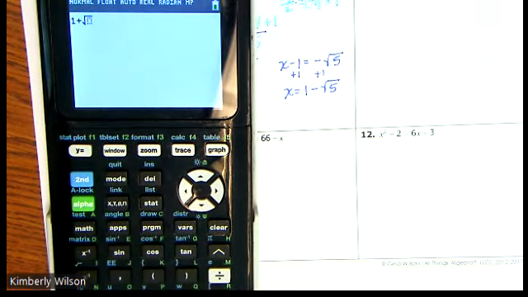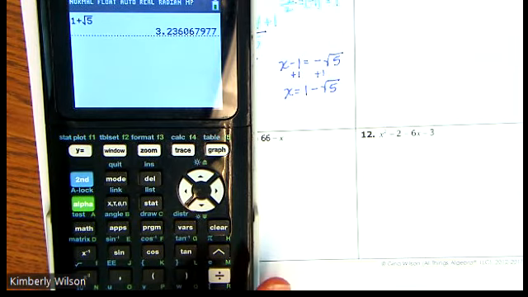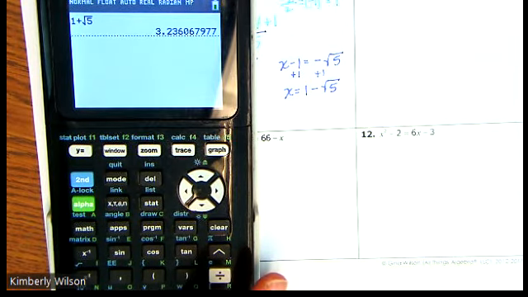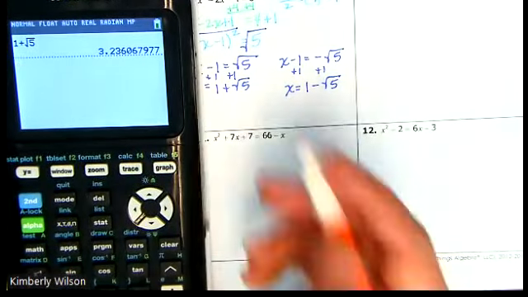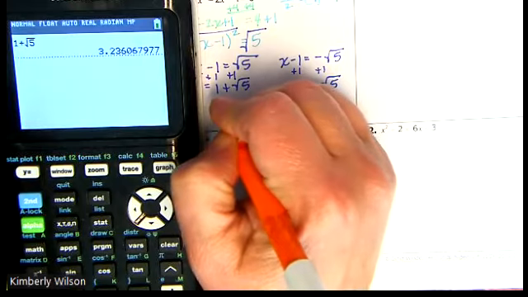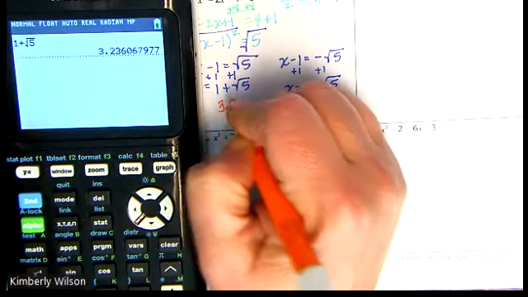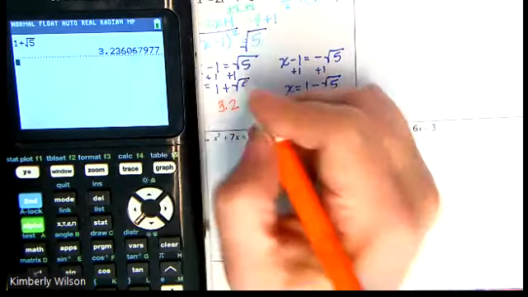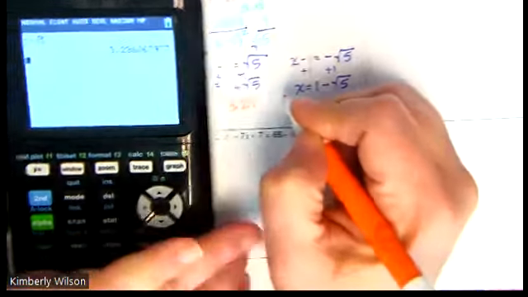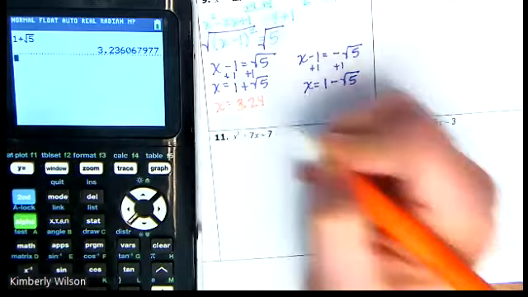A 5. Enter. Notice it's got this weird long decimal. So we're rounding to the hundredths. So therefore this is 3.24. I look at the 6 to round the 3 correctly. That's what x equals here.